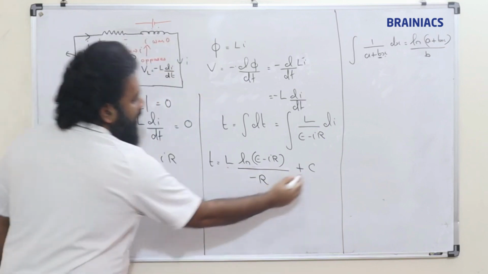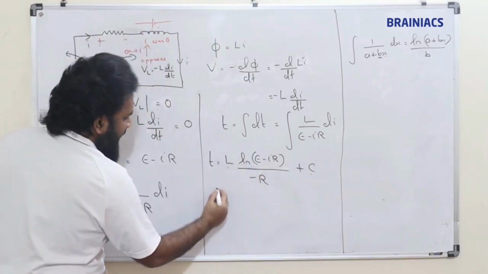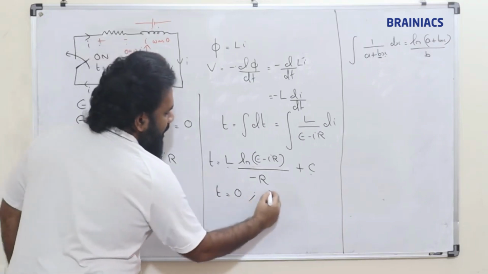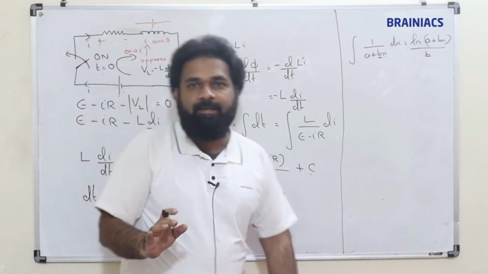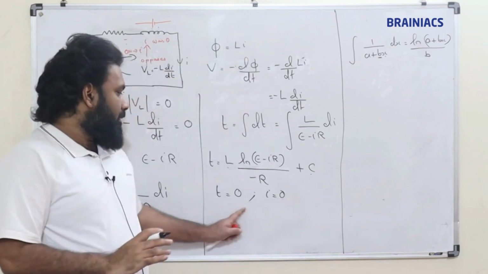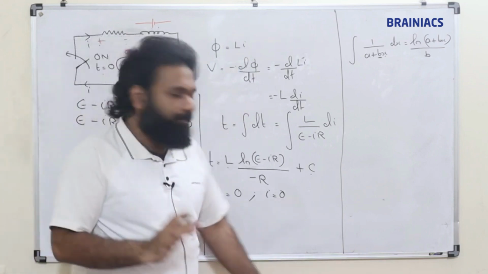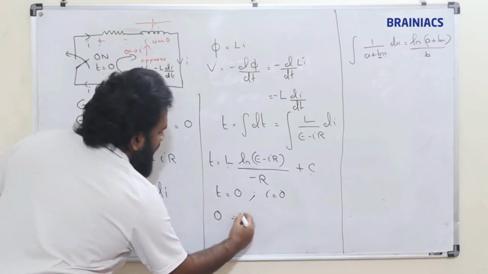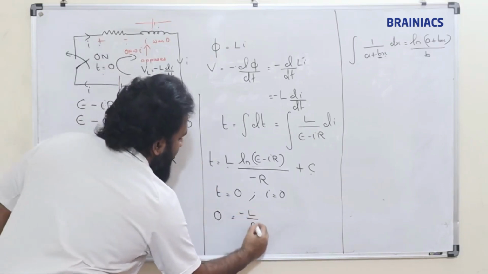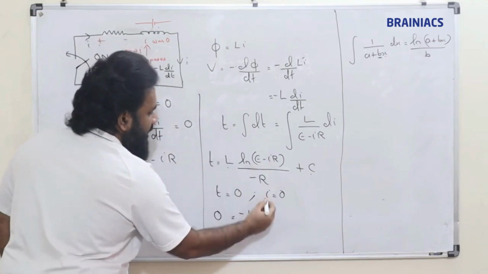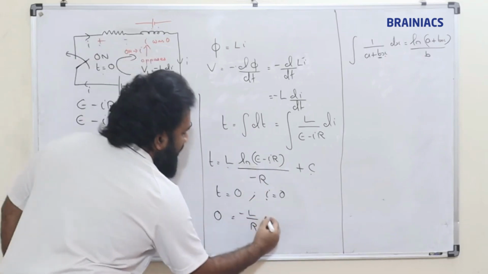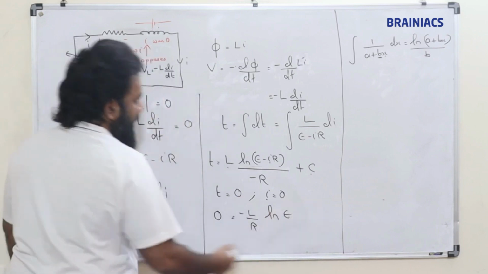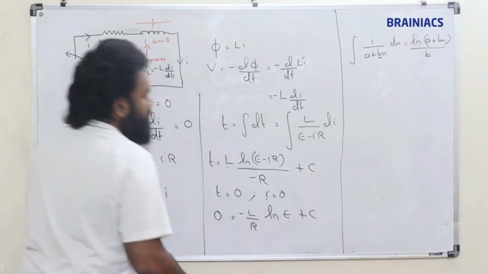Now we need to find the value of this constant. At time t equal to 0, what is the current value? I is equal to 0. Substituting that here, 0 is equal to minus L by R log E plus C, since the current is 0.